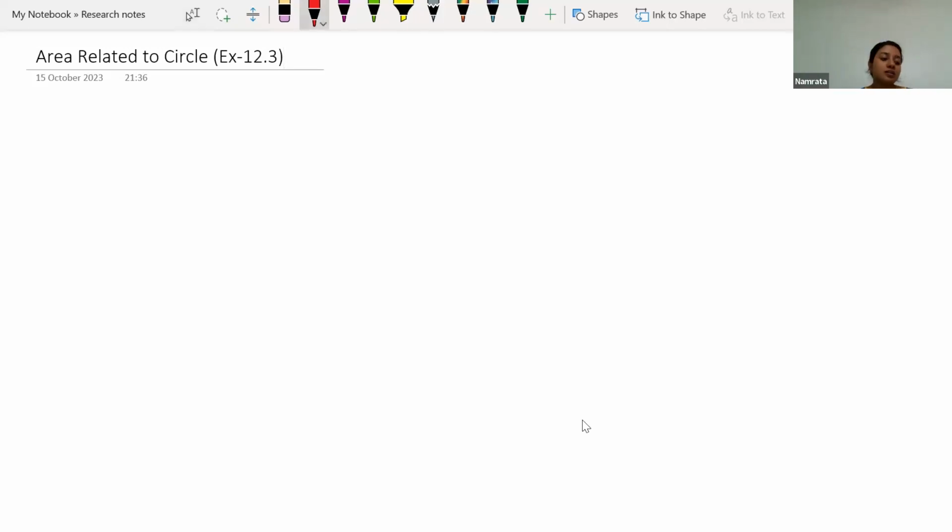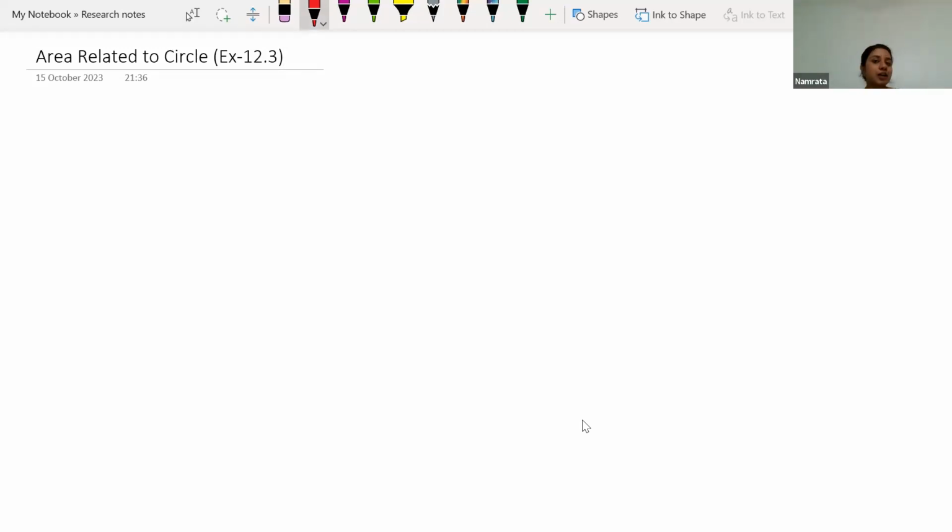So here, this exercise is totally based on the concept of area of combination of plane figures. We know the figure rectangle, we know about square, circle, triangle. So here we will see combination of 2 or 3 figures.